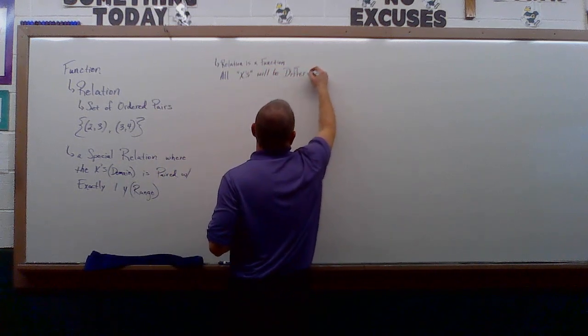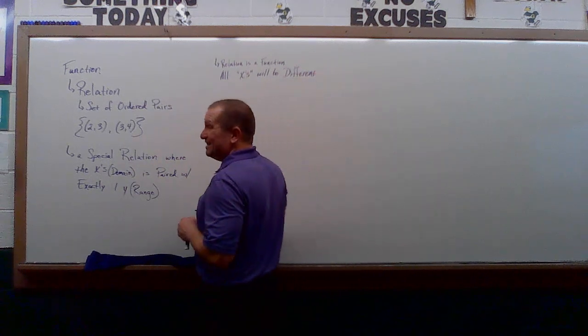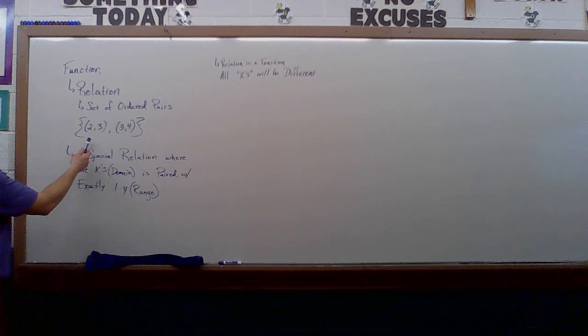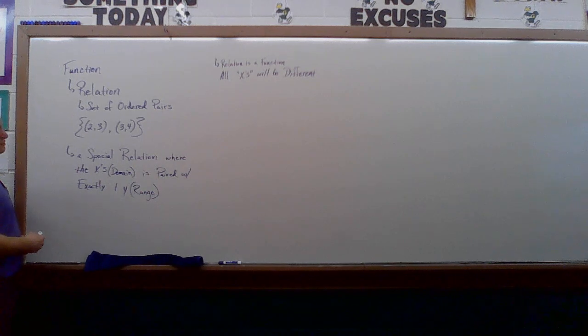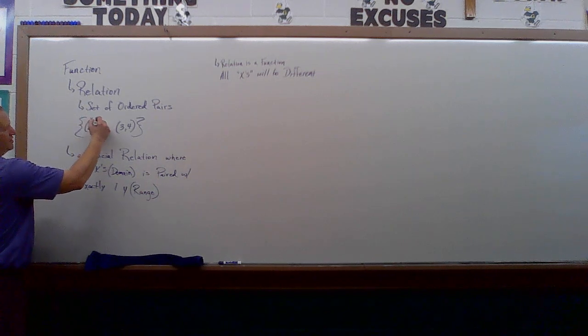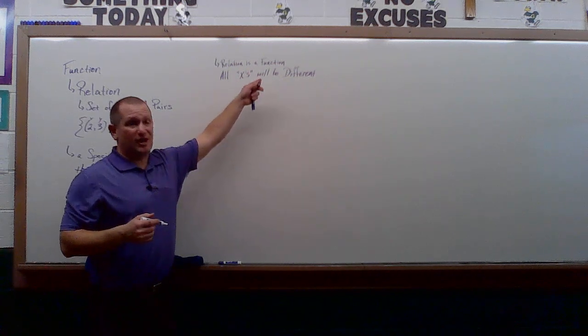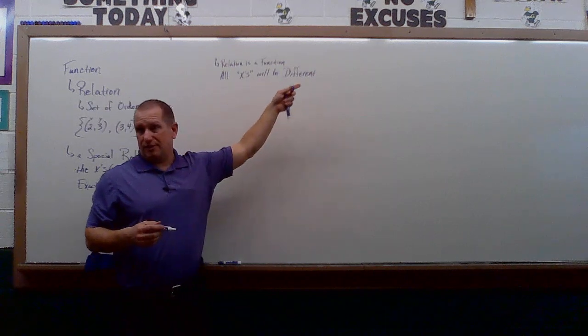So pretty simple, I can look at a set, and I just look at all the x's. I'm looking at which number in my ordered pair. Which one's the x? The left-hand side one, right? This is always my x, and this is always my y. Okay? So if a relation is a function, all x's will be different.